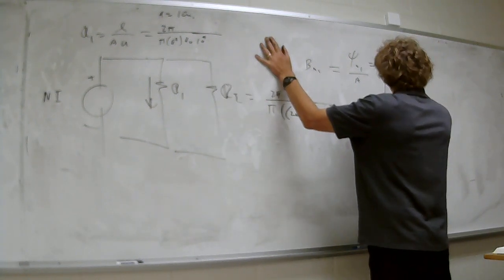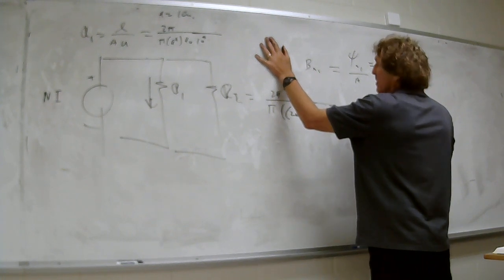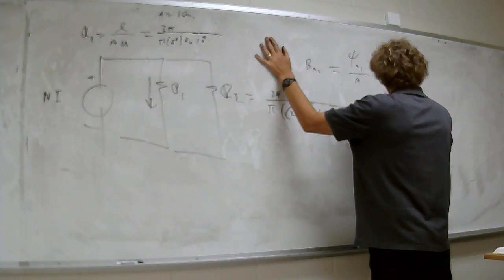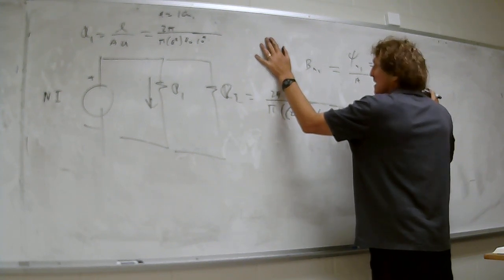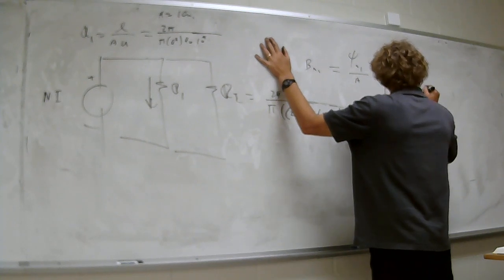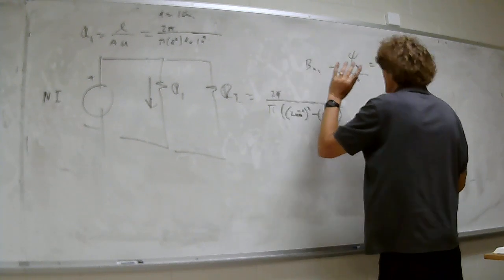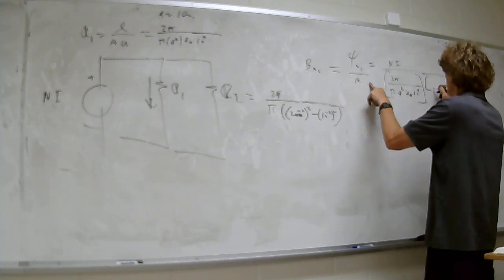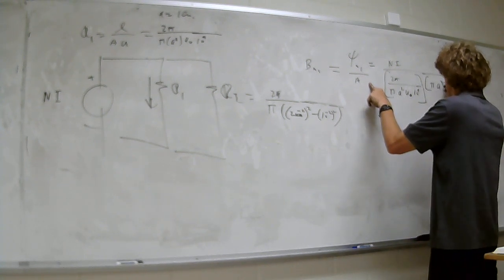It's 2 pi over pi a squared, that's 1 centimeter squared times mu 0 times 10 to the 4th, which is the reluctance. That's the flux flowing through there, and I have to divide it by the area, pi a squared.